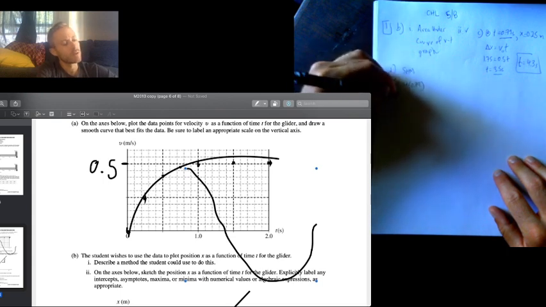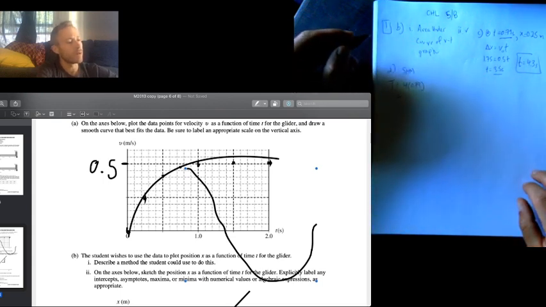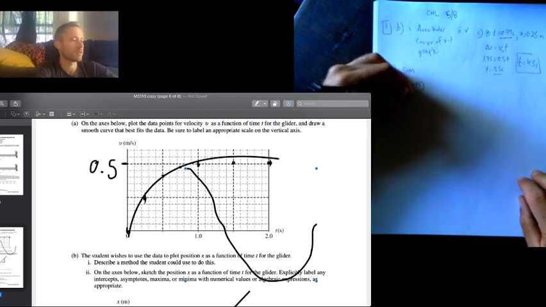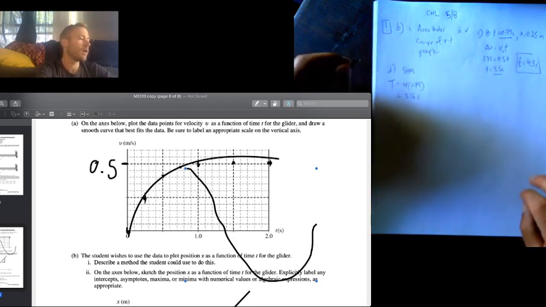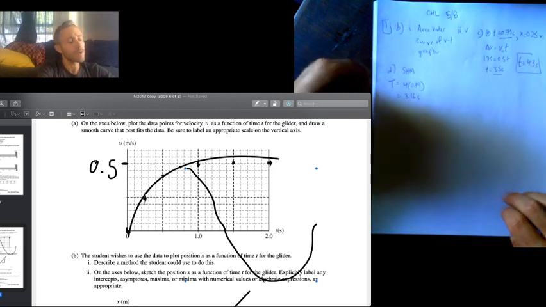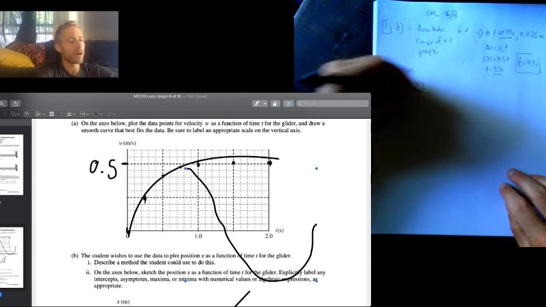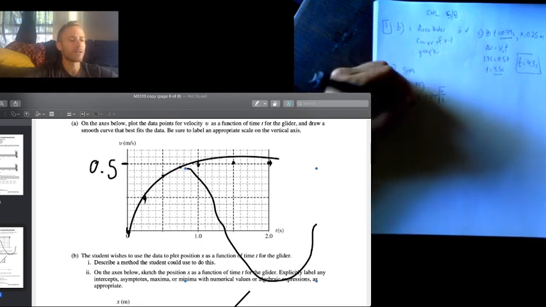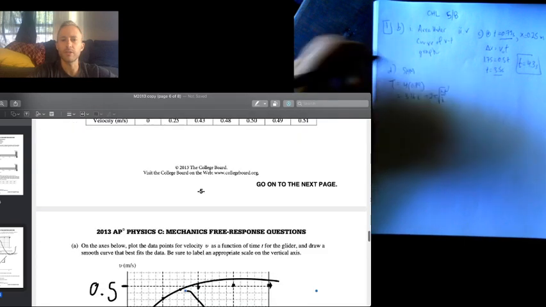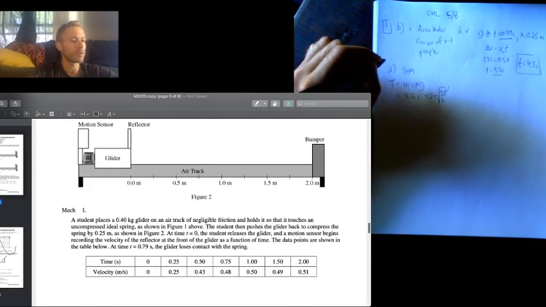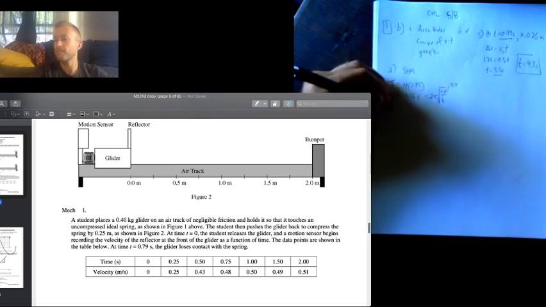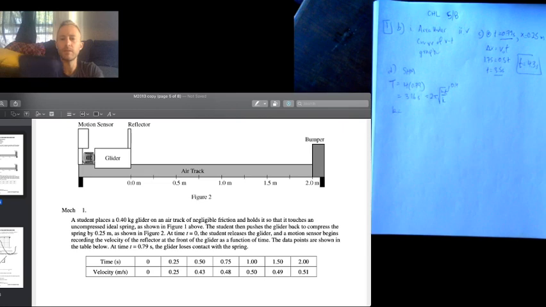Okay, so that would be 3.16 seconds. All right, and that equals 2 pi square root of m over k. The mass, I think it tells us the mass, is 0.4 kilograms. So we can take this and solve for k, which I will do.